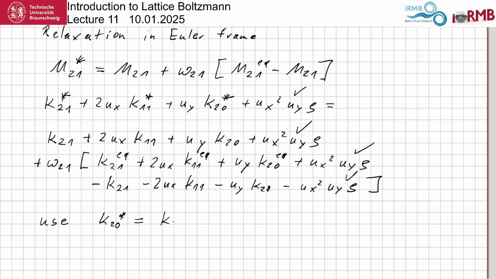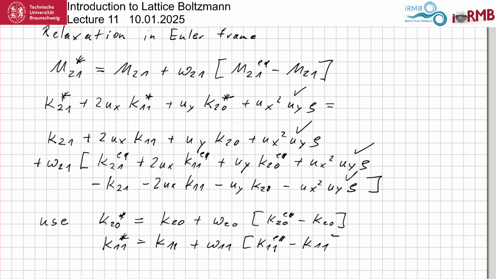This is K20. We notice that this does not depend on the frame of reference, so we can simply write it like this. And also K11 after collision is K11 plus omega 11 times K11 equilibrium minus K11.